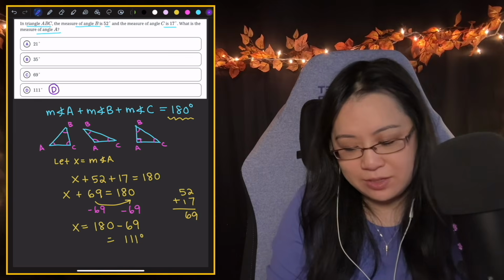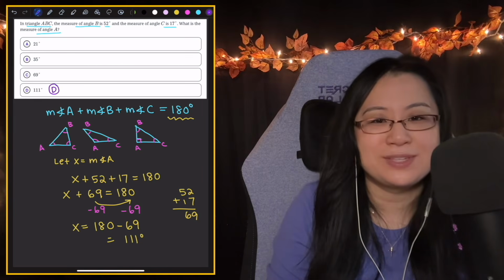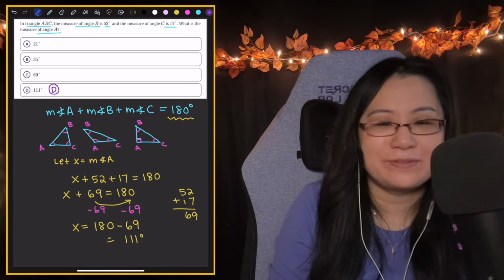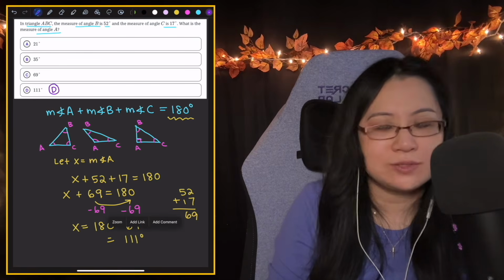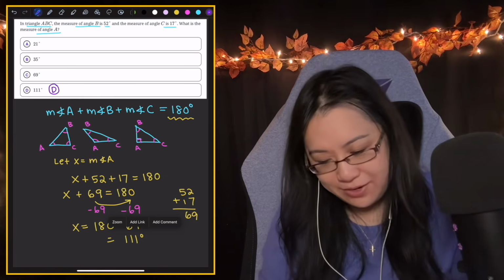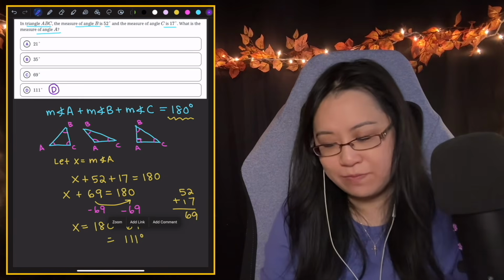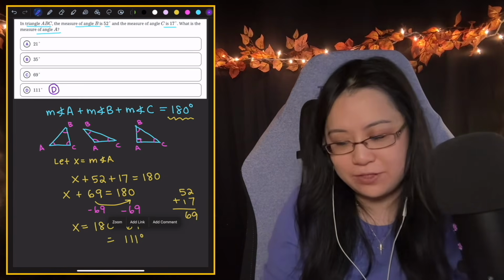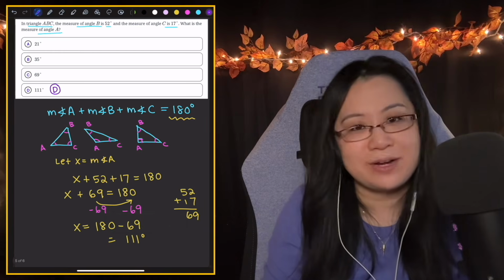But let's just commit this to memory now. The sum of the interior angles of a triangle is 180 degrees. Then it's just about finding the missing angle if you're given 2. Alright, ready to move on?